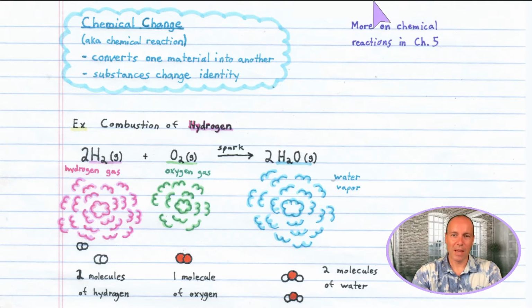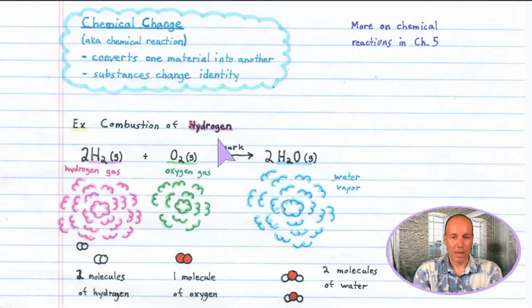We'll discuss a lot more about chemical reactions as the semester progresses, especially in Chapter 5, but we can't go too much further without at least mentioning a few things about them. Here's an example of a simple chemical reaction, the combustion of hydrogen, or the burning of hydrogen. Hydrogen is an explosive gas. In fact, it's used as rocket fuel, and it's very dangerous stuff.